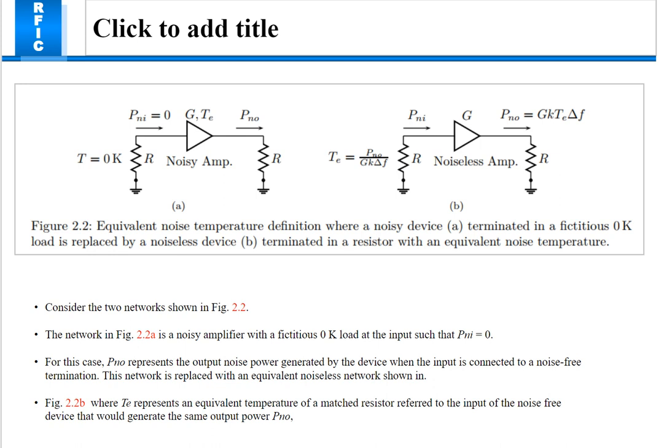This represents the output noise power generated by the device when the input is connected to a noise-free termination. This network is replaced with an equivalent noiseless network, as shown in figure B, representing an equivalent temperature of a matched resistor referred to the input of the noise-free device that will generate the same output power.